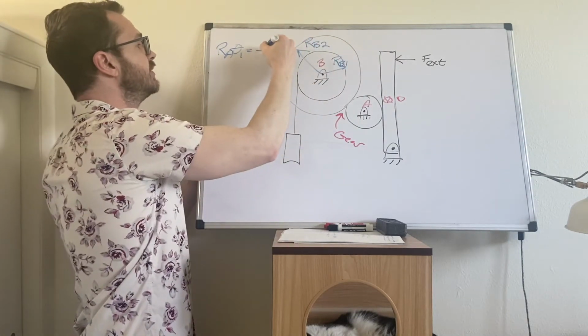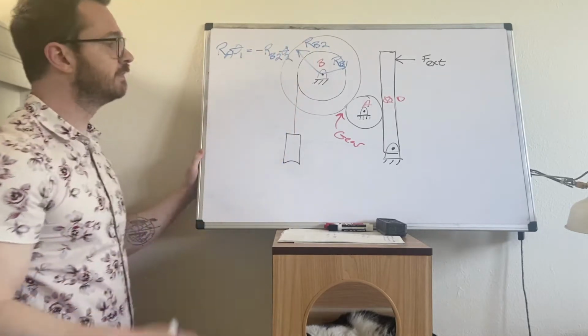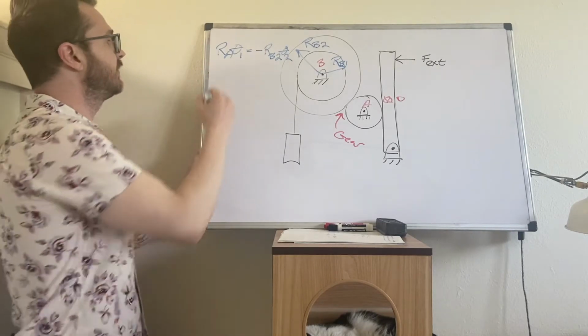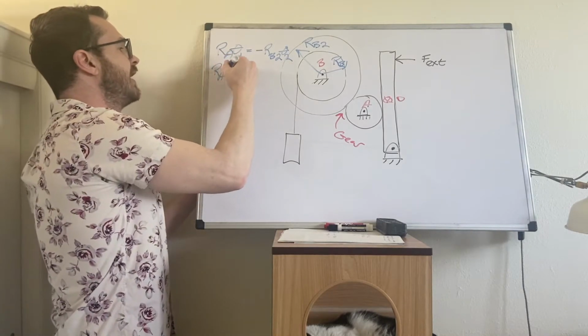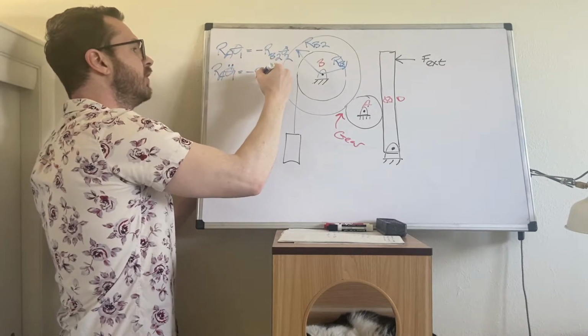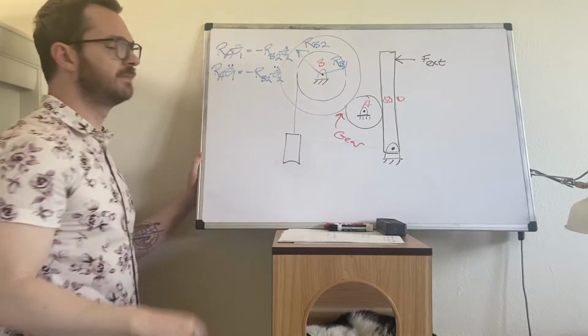So this gear ratio is RB2 theta 2. And of course, we can take the derivatives of this. RA theta 1 double dot equals minus RB2 theta 2 double dot.